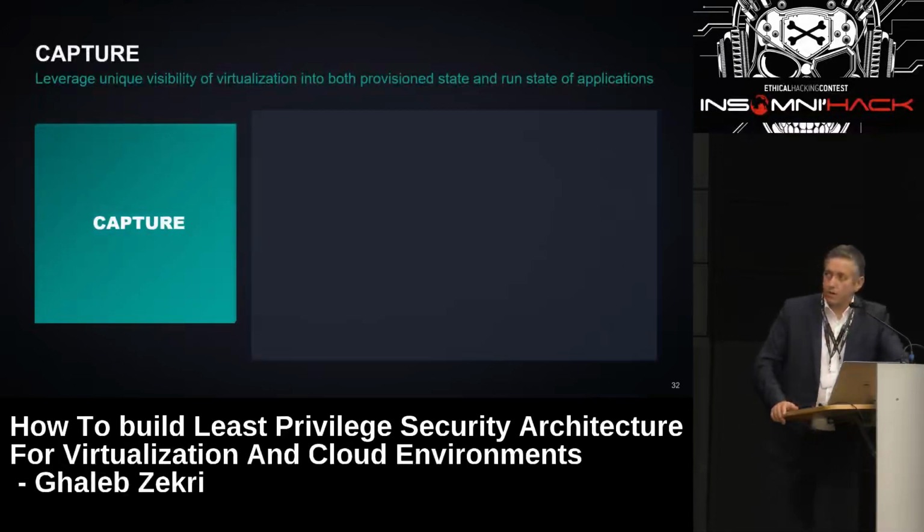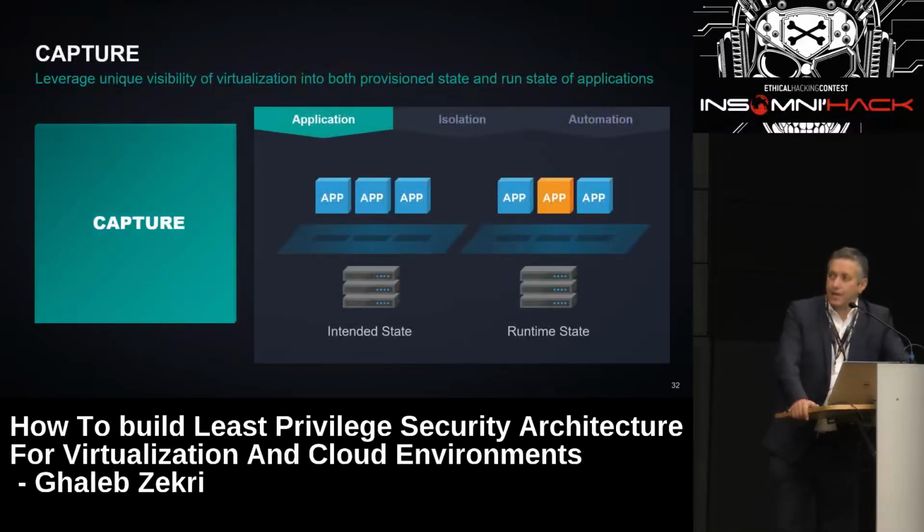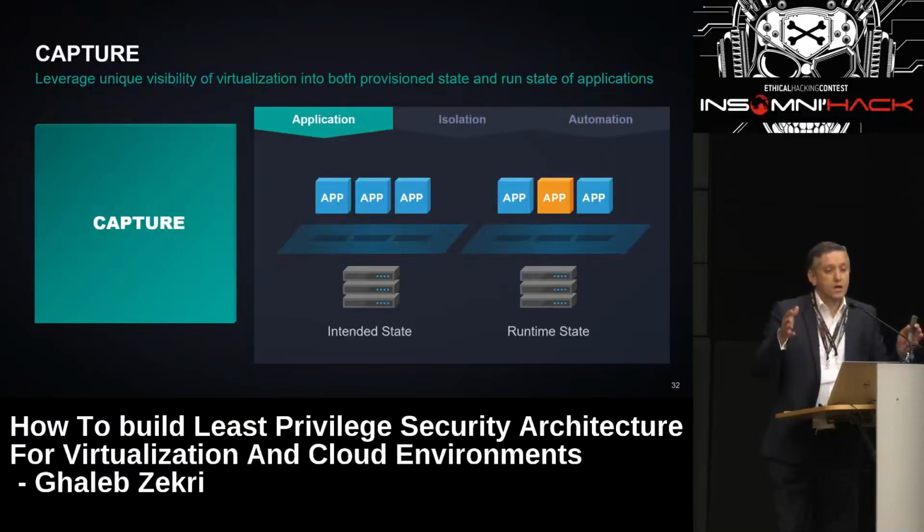So capturing the application behavior means for us to build what we call the intended state. So this is how the application guys think of the application and think of every component and how every component should work with others. And then we build what we call the running state. So think about the application guy built a blueprint. This blueprint will be used by different business units, and this blueprint will be replicated for every business unit.